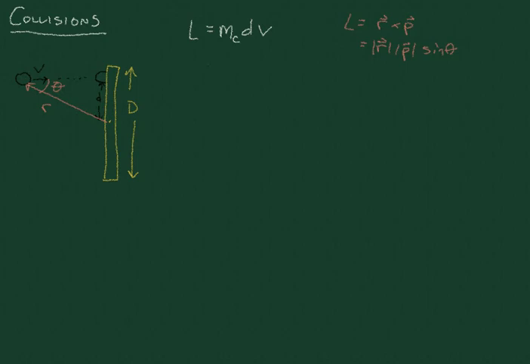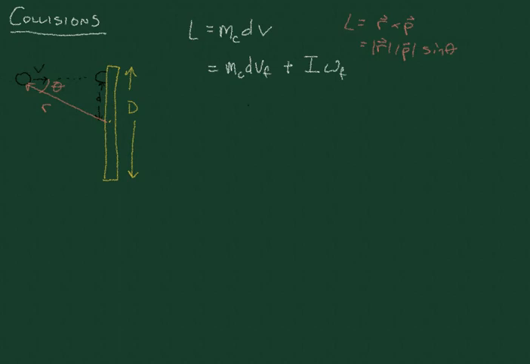but afterwards, momentum's conserved, so that's the same thing as the mass of the clay times d times v final, plus the moment of inertia of the rod times omega final.